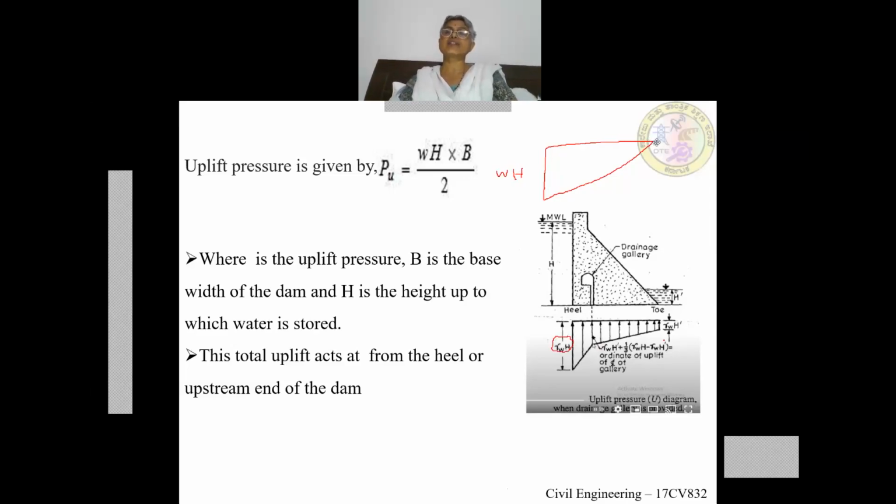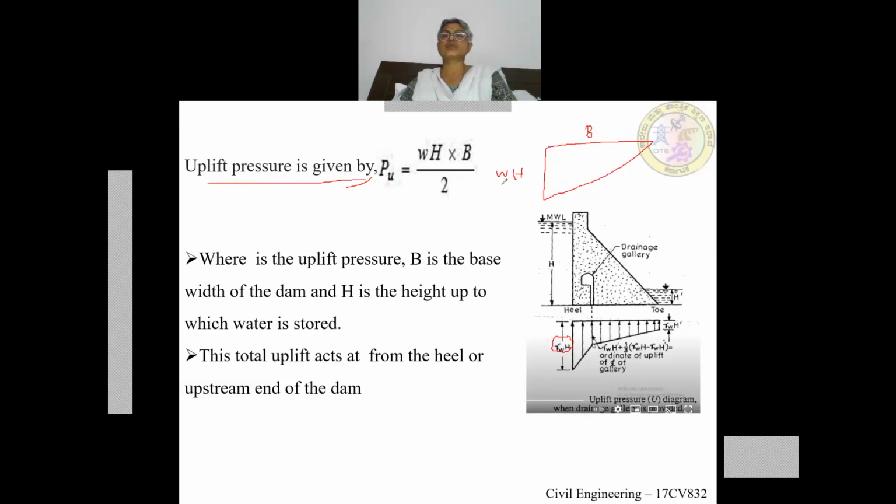I'm discussing when there is no tailwater. What is this dimension? This dimension is the width B, the base width of the dam. So this will be the pressure distribution here if there is no drainage gallery and no tailwater.